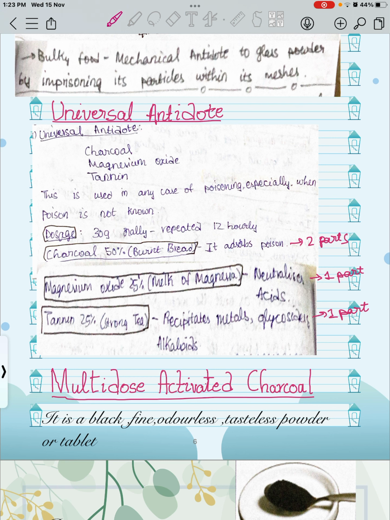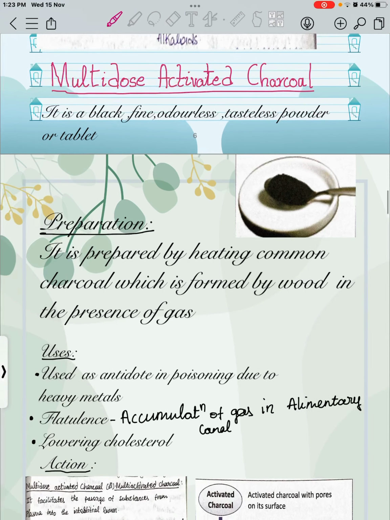If charcoal is 50%, we have to add magnesium oxide 25% and tannin 25%. Magnesium oxide is milk of magnesia which neutralizes acids, and tannin is strong tea which precipitates metals, glycosides and alkaloids. This is all about universal antidote.